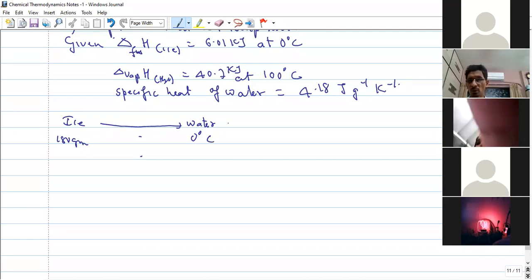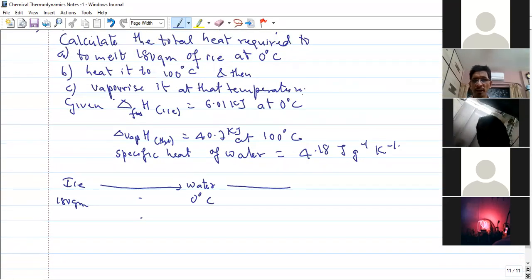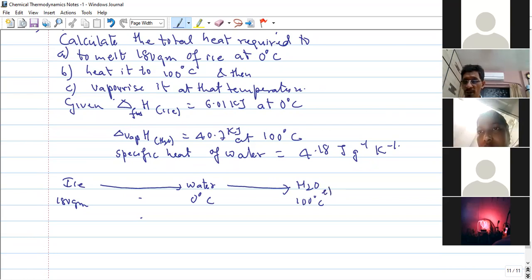Then this water we have to heat to 100. So water at 0 becomes water at 100. Then this liquid water we have to evaporate at 100.